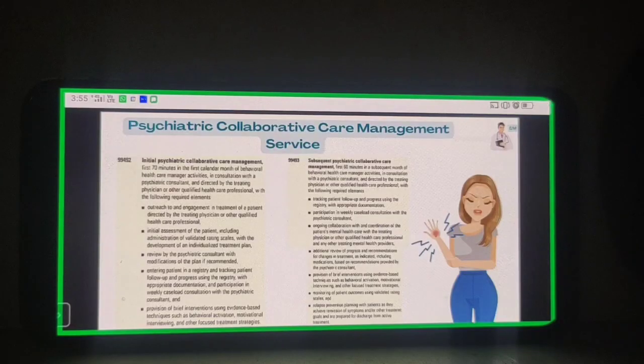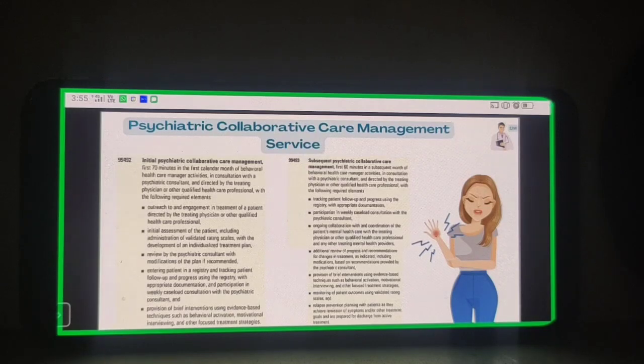So this is a service regarding a mental related disorder, psychiatric collaborative care management service. Here the doctor gives the assessment regarding a patient's mental related disorders. If it is the first day, the initial day, the care management given by the doctors is the initial service, 99492.